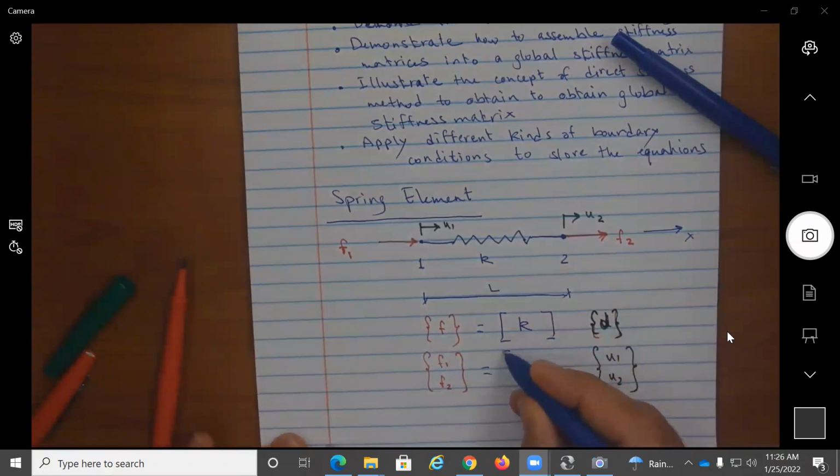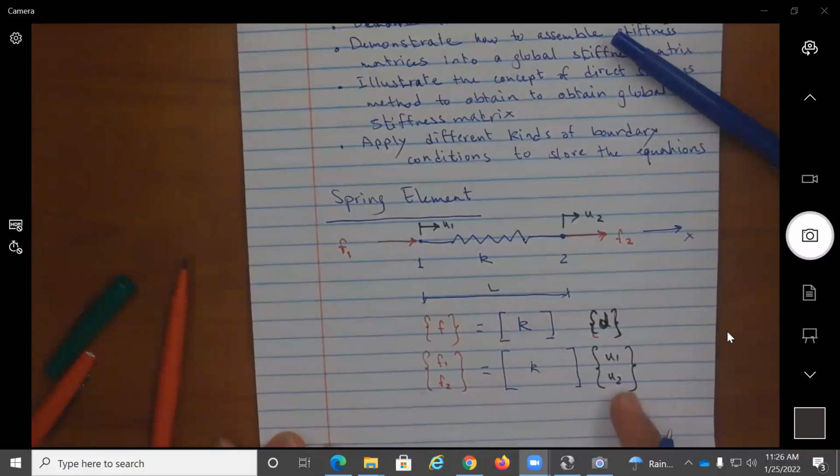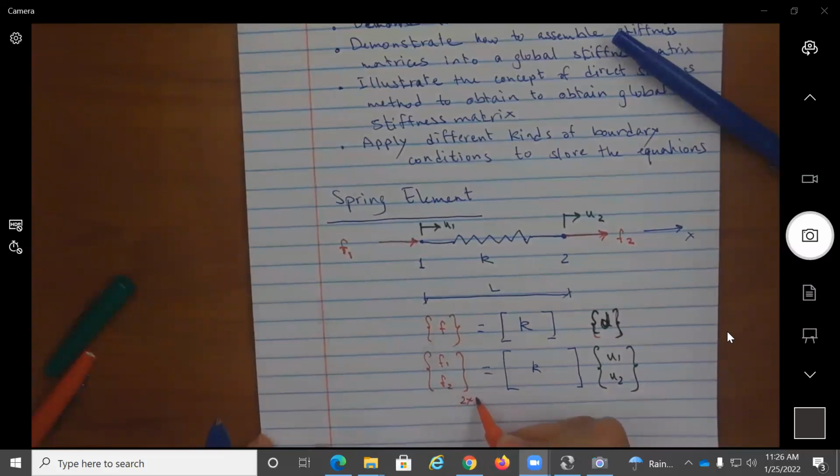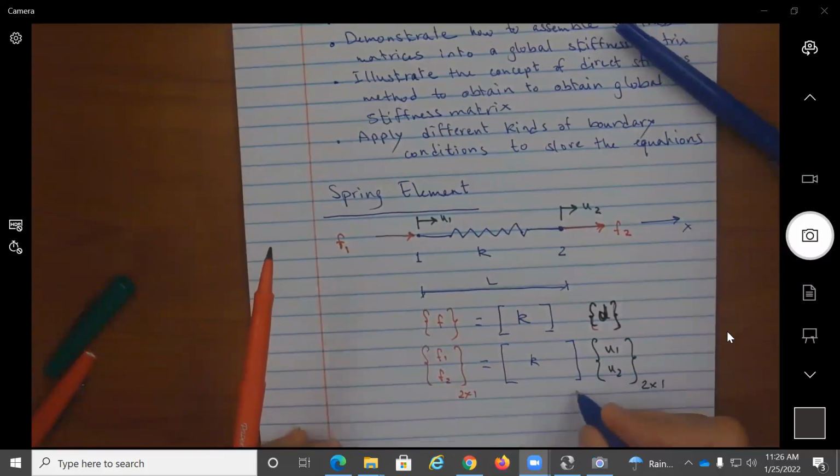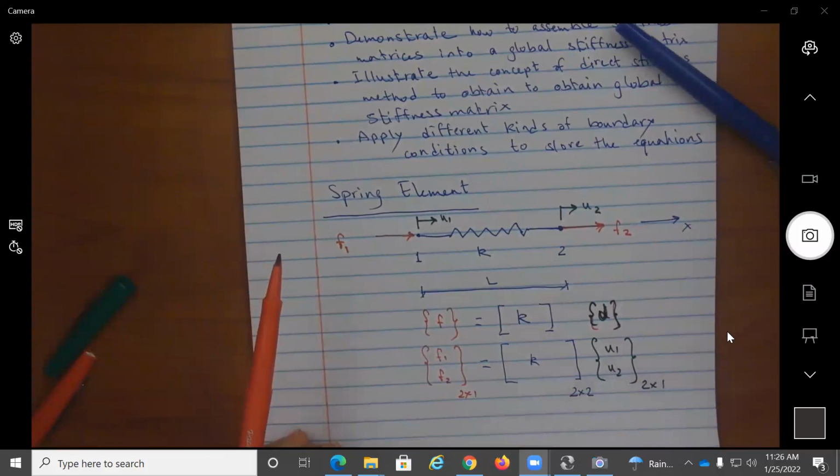So I am yet to evaluate that stiffness matrix k that relates F to D, where F is a 2x1, D is a 2x1, and clearly this k is going to have to be a 2x2.